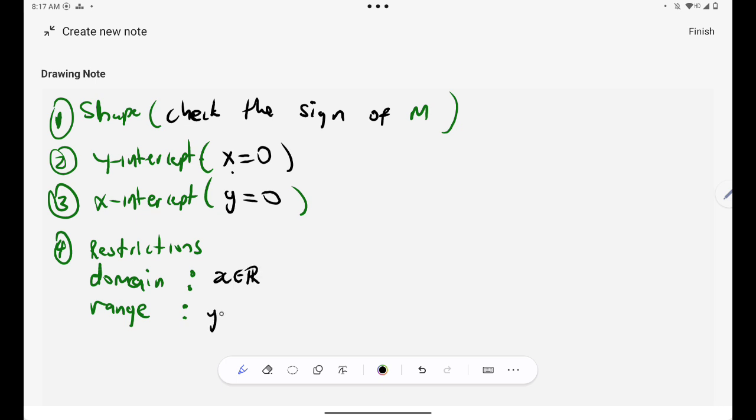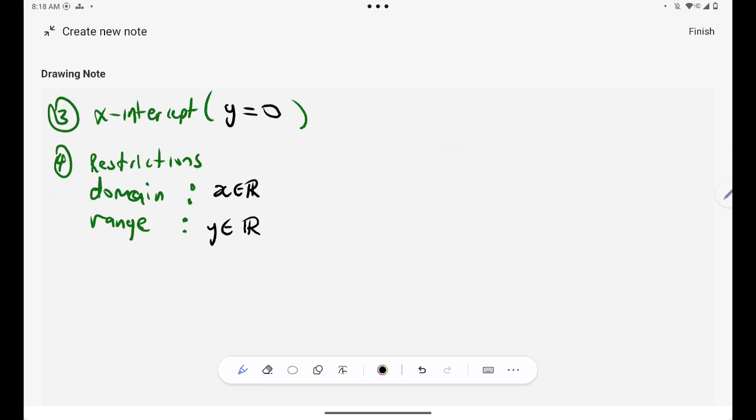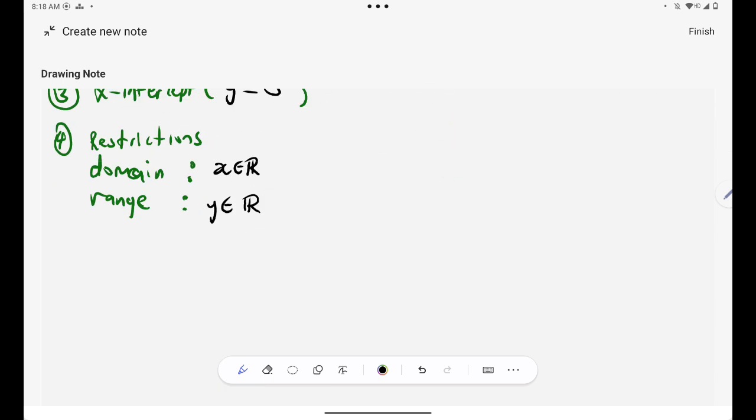The range of the linear function, you'll just answer y is an element of real numbers. Because there are no restrictions, x can be any real number and y can be any real number. Are you together? Okay, I just want us to apply these steps.